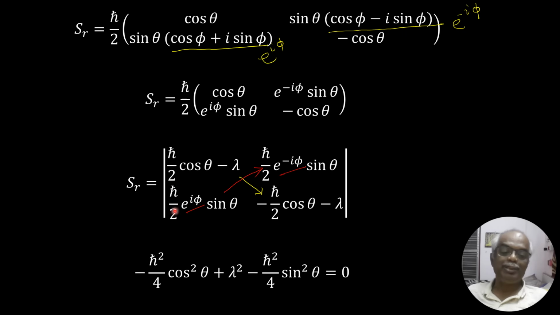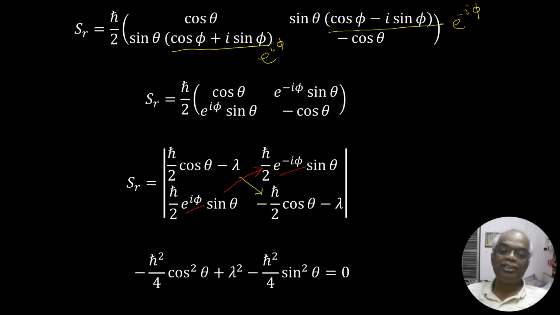The only remaining term is ħ/2 sin θ, and here also ħ/2 sin θ. Taking the product of this matrix, you get the negative sign naturally, so minus ħ²/4 sin²θ, because the exponential term becomes 1. This is equal to 0 due to the characteristic matrix.